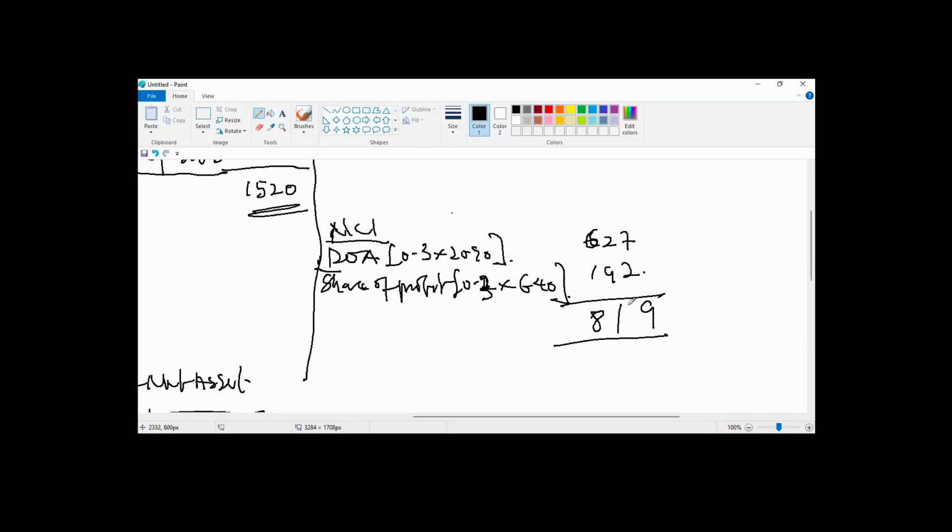Because I know the principle very well, there is no goodwill attributed to NCI. I can derive my NCI another way.